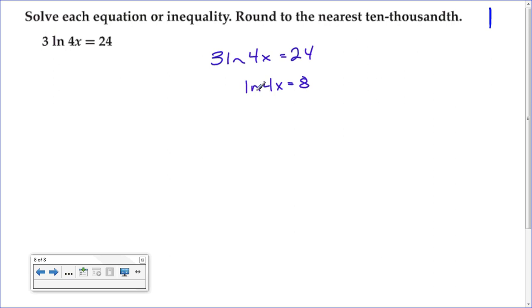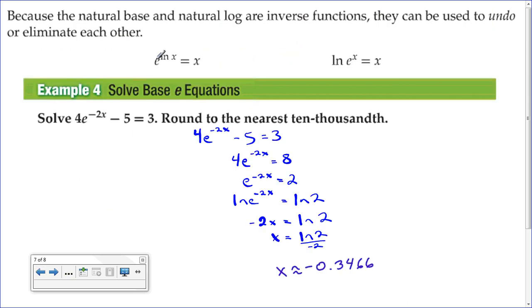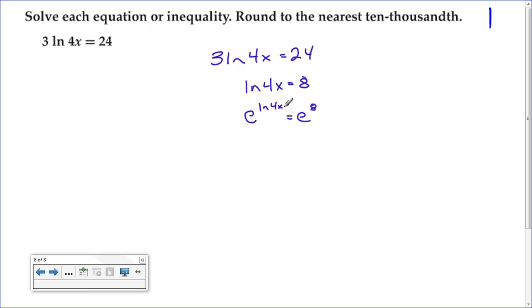Now, to get rid of the natural log, I'm going to do e to the natural log of 4x power. Whatever I do to one side, I do to the other side. Following our previous example, e to the natural log of x is equal to x. So e to the natural log of 4x is equal to 4x. And to get rid of the 4 and have only x, I'm dividing by 4. x equals e to the 8th divided by 4.